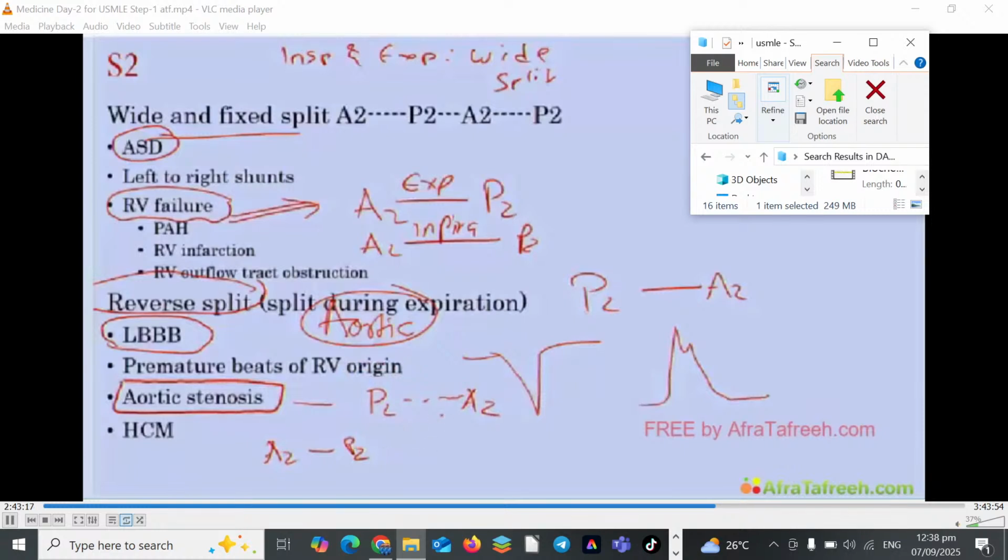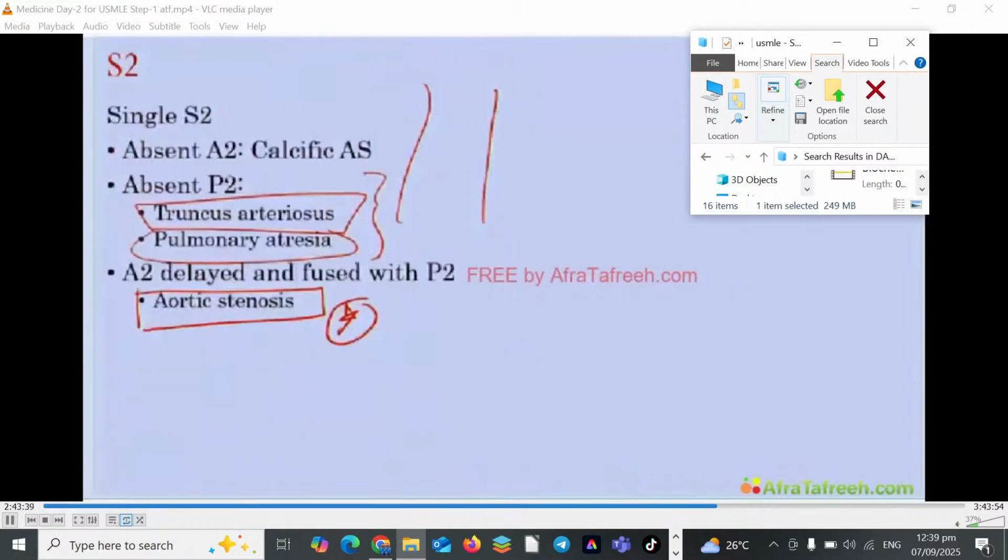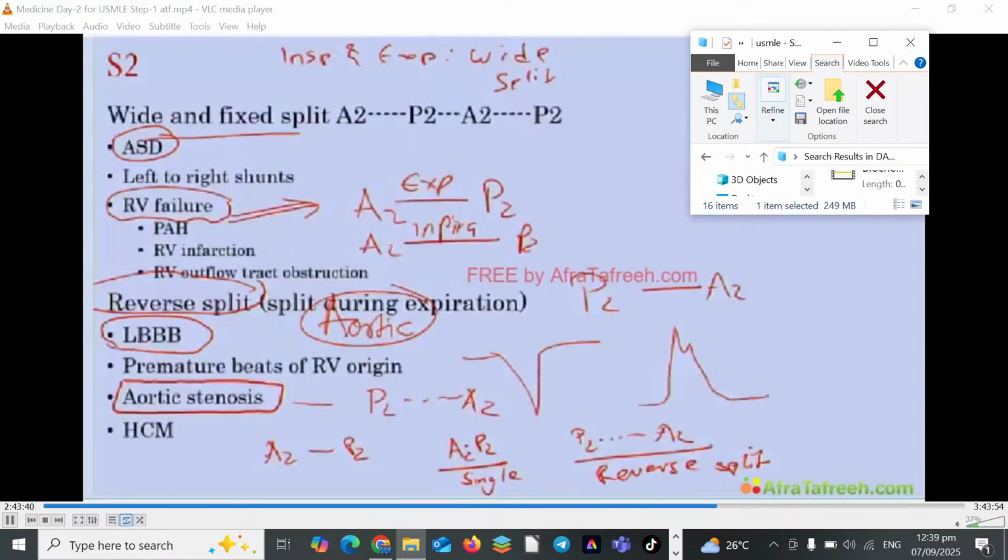Then as the aortic pressure starts to mount up, A2 happens together with P2, so this becomes a single sound. But then A2 becomes super delayed and goes behind P2, and this becomes a reverse split. This is how aortic stenosis progresses.